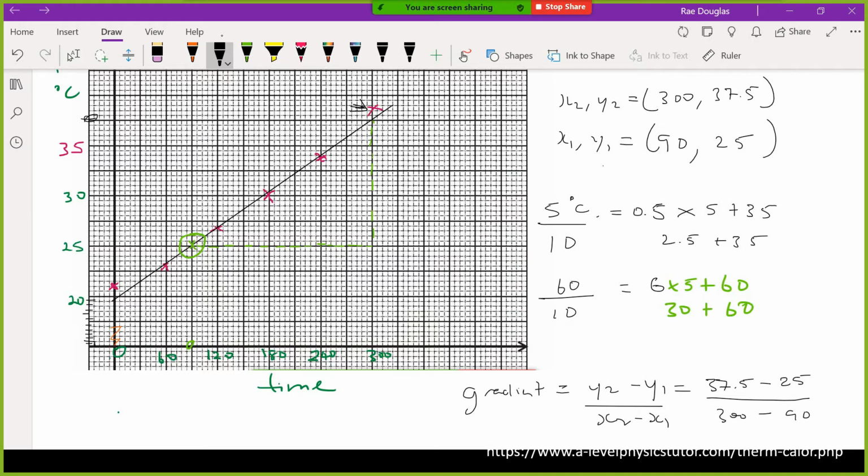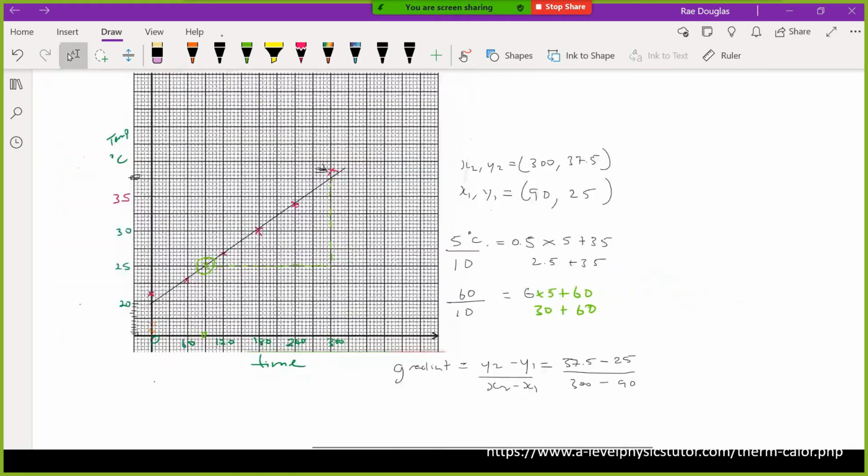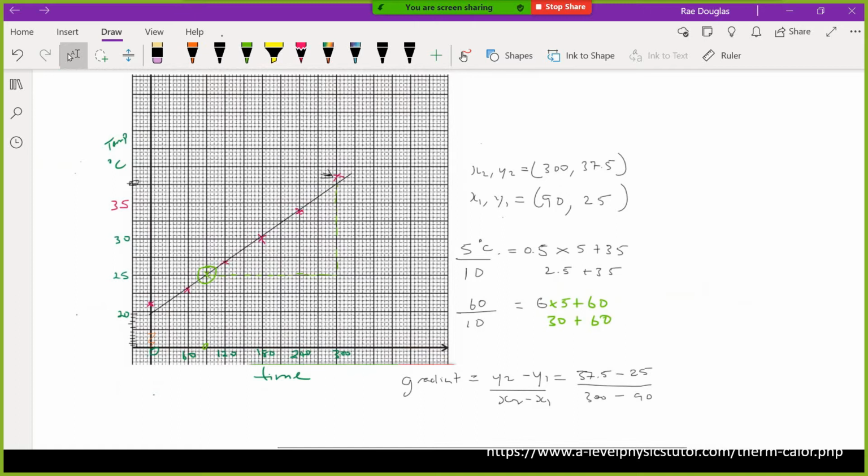So when I do all of this, let me work it out here. Minus 25, I'm getting 12.5 divided by 210. So when I'm finished here, I'm getting that my gradient is 0.059.